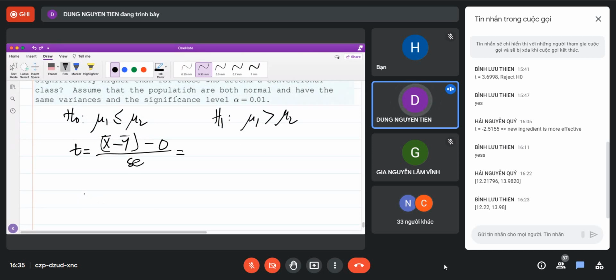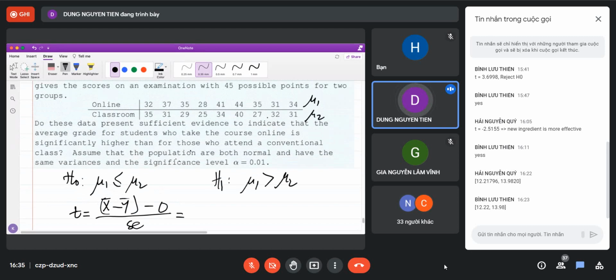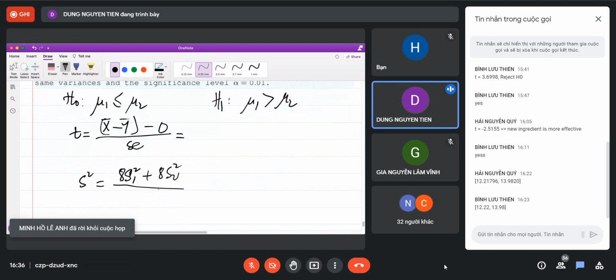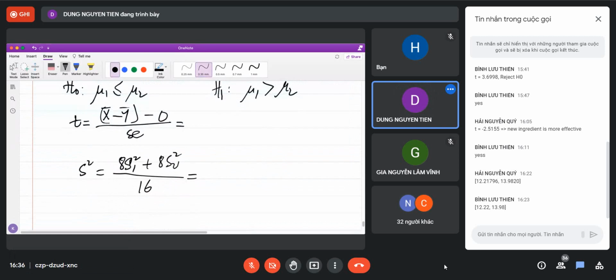The common value s square: there are 9 observations in each group, so you get 8 times s1 square plus 8 times s2 square divided by 16, I think, right? And then you get the s square, that is 22.2361.